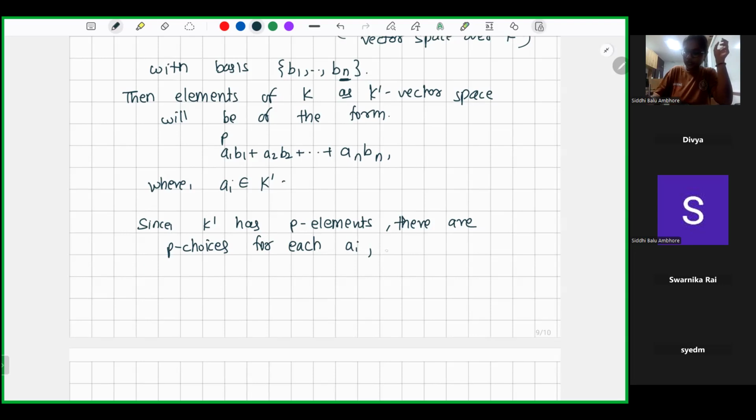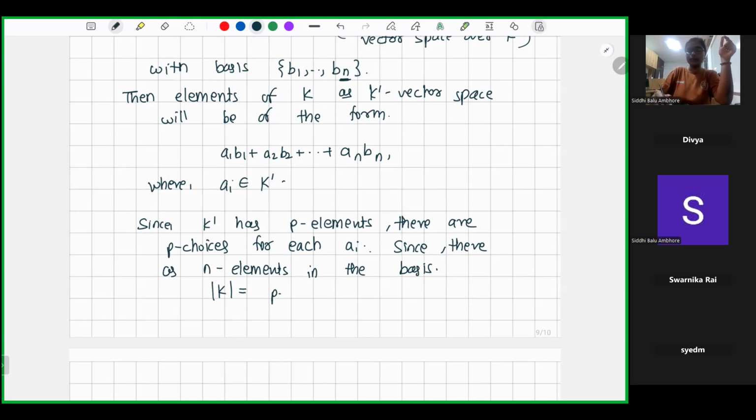and each AI, and since there are N elements in the basis, the cardinality of K will be this P for each AI. There will be multiplication when I'm trying to calculate the choices for this.